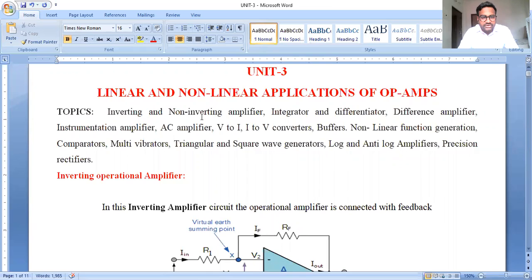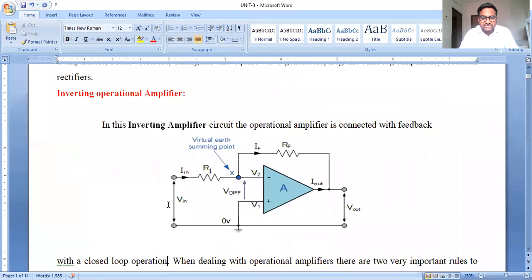Now the closed loop inverting case, that means the inverting operational amplifier. See the circuit. This is an inverting operational amplifier, or inverting voltage controlled voltage source. This is a closed loop inverting amplifier where the voltage or gain is controlled with the help of a feedback segment.